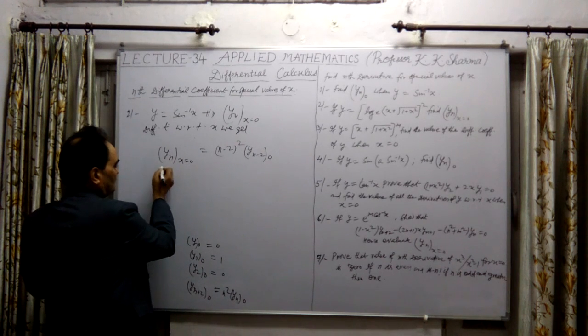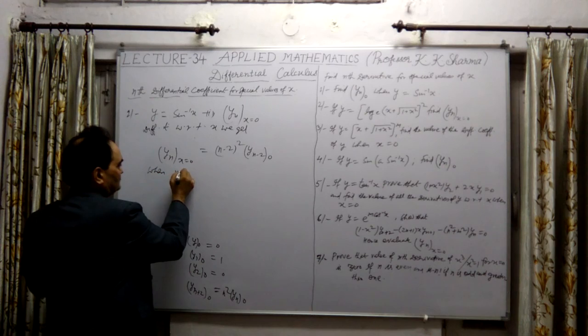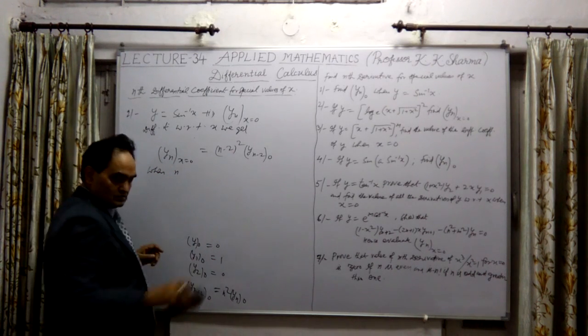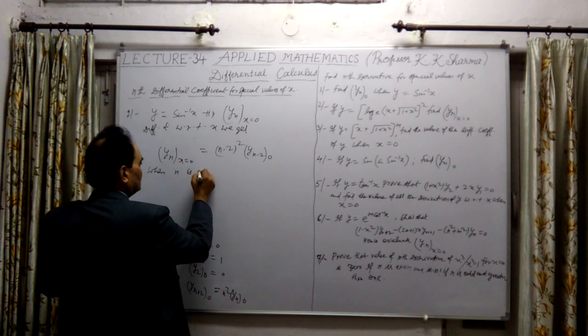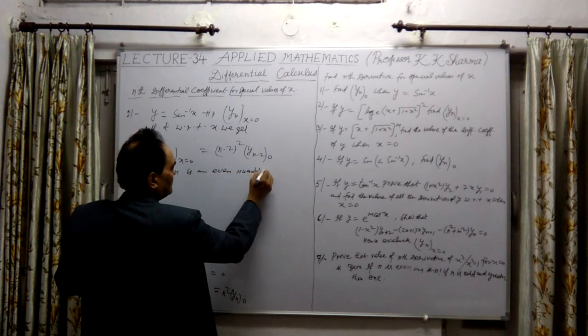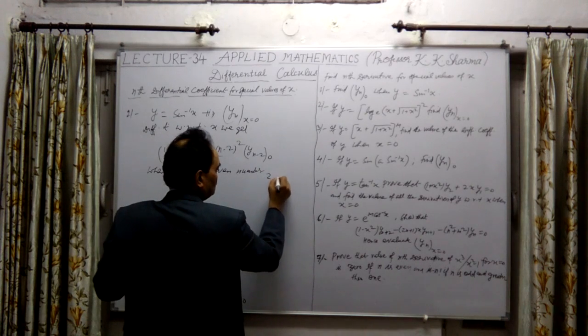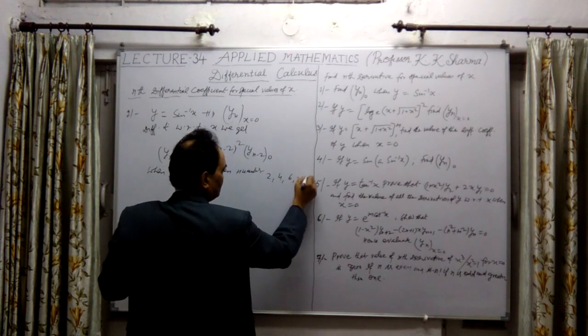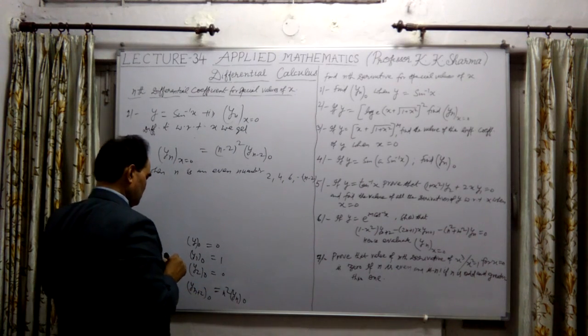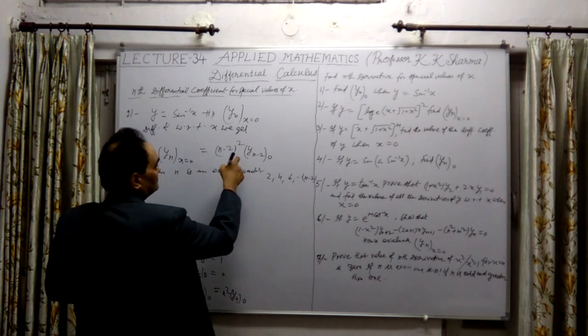So let me write here for even terms. When n is an even number, like 2, 4, 6, etc., up to n minus 2, we have to substitute n minus 2 here. So the last term is n minus 2.